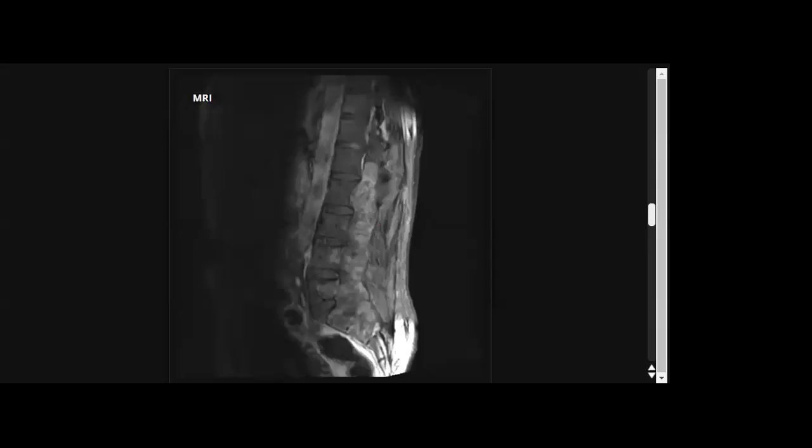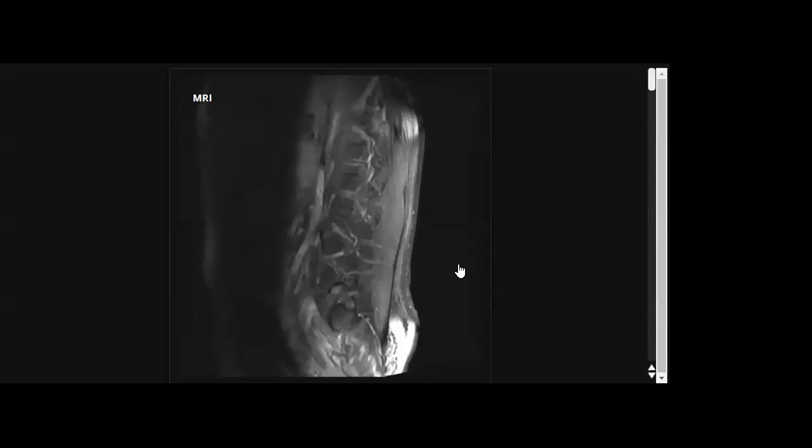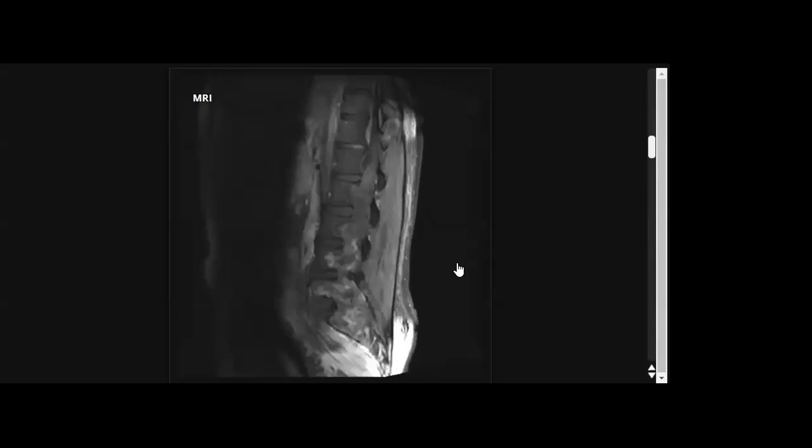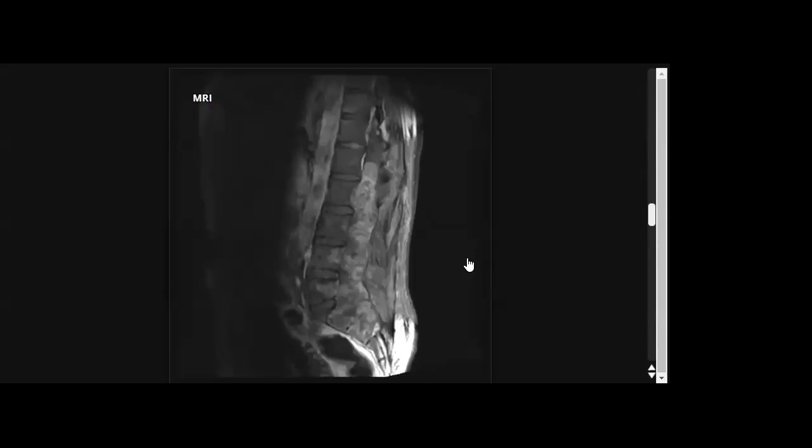Okay. So there is a heterogeneously enhancing lesion extending from the conus medullaris down to the S2 level, filling the lumbar canal and causing the posterior scalloping.